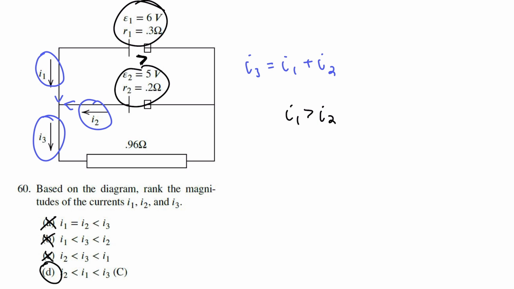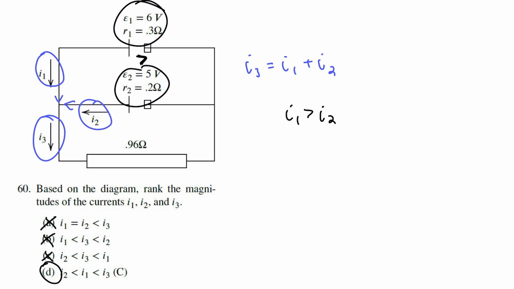The only caveat to that would be if the equivalent resistance values were significantly different. But in this case, they're quite similar, so that's not really an issue. But if they were drastically different, then we would actually have to break up the circuit, find equivalent resistances, equivalent potentials, and actually calculate the values.